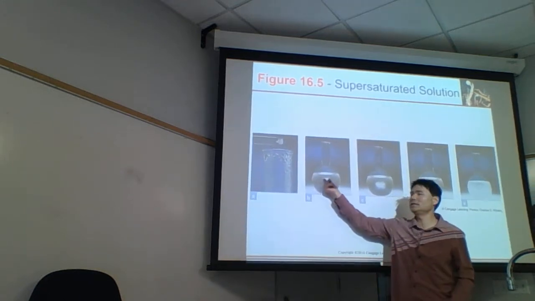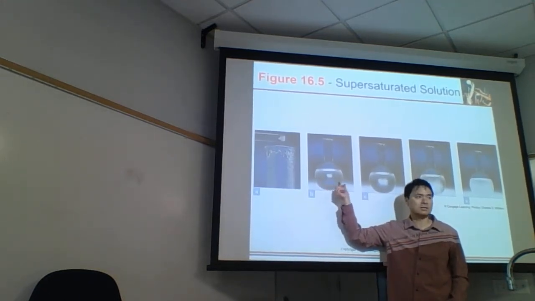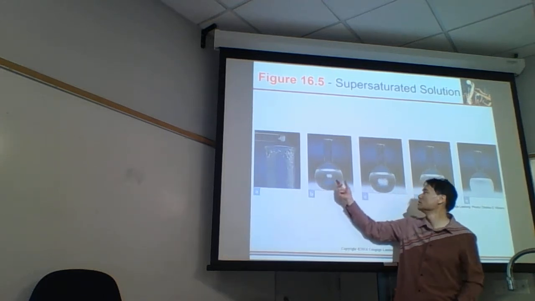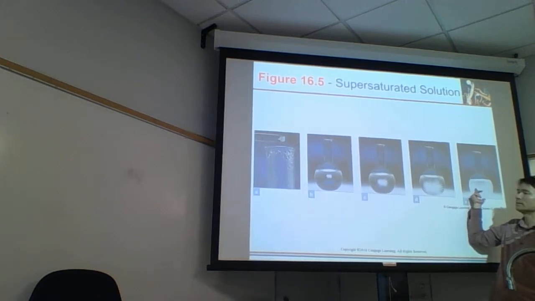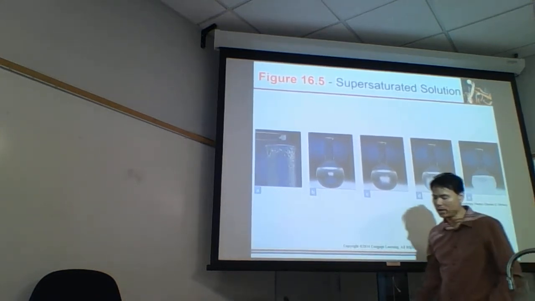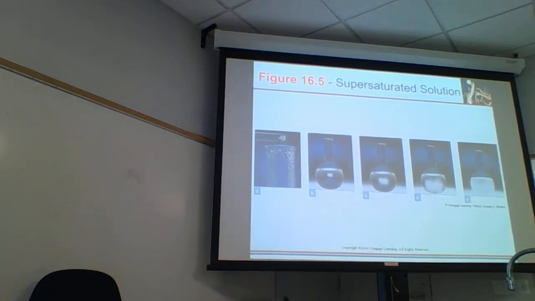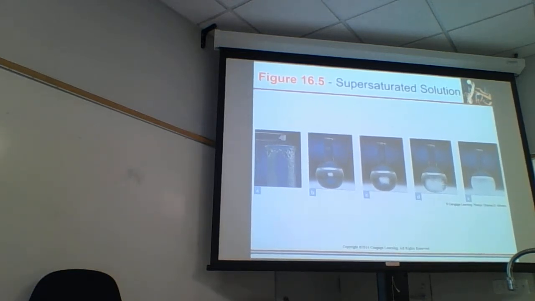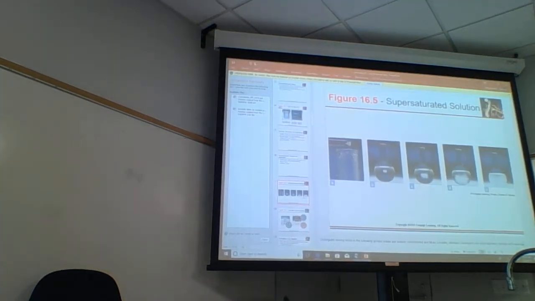So they drop a seed in here, and then new crystals can form based on the template of the seed crystal. And so what you see here is that crystallization takes place, and all that excess crystals come out. And so this is supersaturated. We have to provide what is called a nucleation site, a site where crystals can nucleate from.